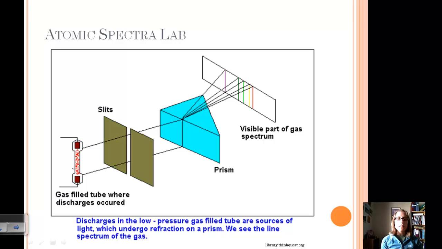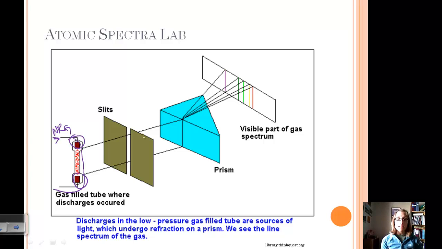We've got a gas tube filled with an element gas, hydrogen, neon, argon, whatever it might be. And we've got these little electrodes at the top and bottom. Well, this is kind of like a fluorescent bulb. We excite the atoms, we give them energy, and that energy passes through the bulb, exciting those electrons, and they then jump to higher energy levels, and when they jump back, they give off that energy as a photon.